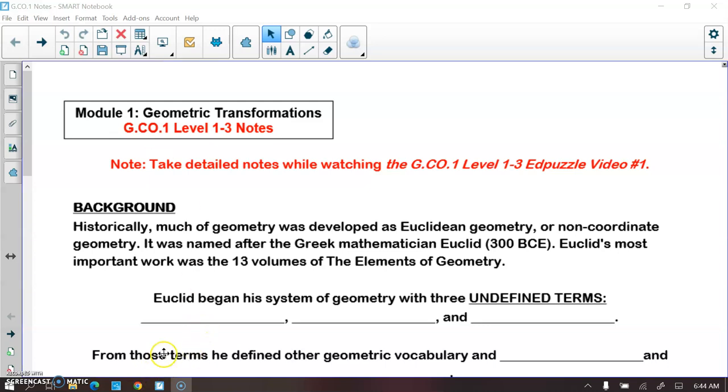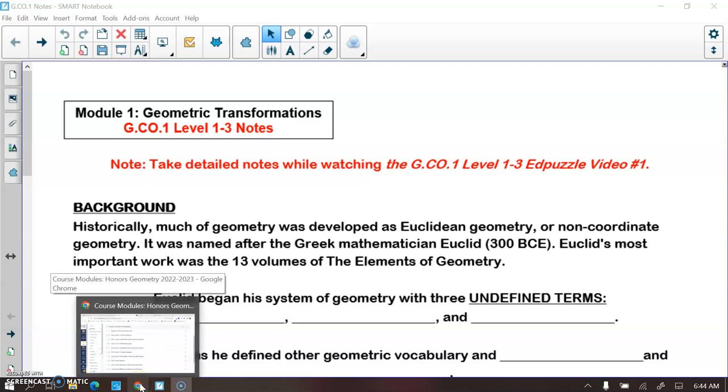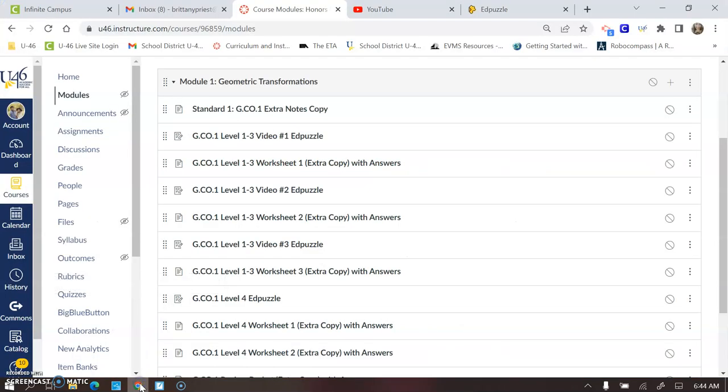Now, if you happen to lose your notes packets or any worksheets within this standard, you would go to my Canvas site and click on modules. And underneath module 1, I have the GCO1 extra notes copy right here for you. Here's the Ed puzzles.